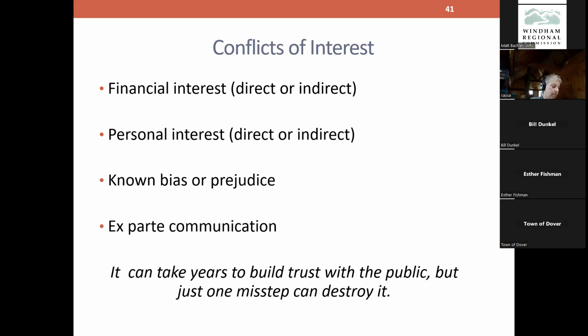These are conversations happening outside of a public meeting that are related to the application. So it's really important not to have any sort of communication about an application other than at your public hearing or during that deliberative session with the other board members.